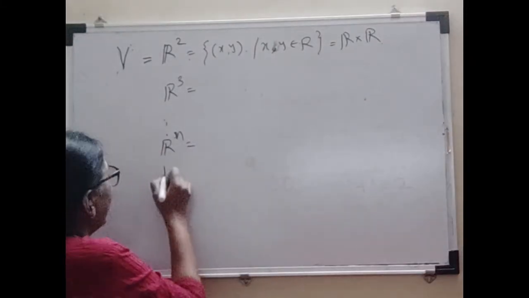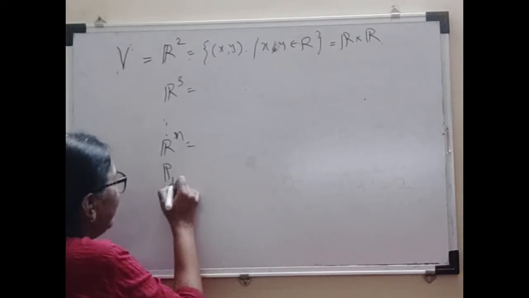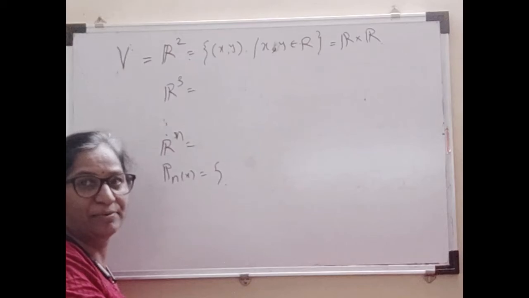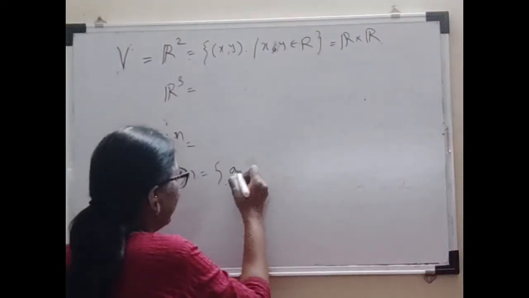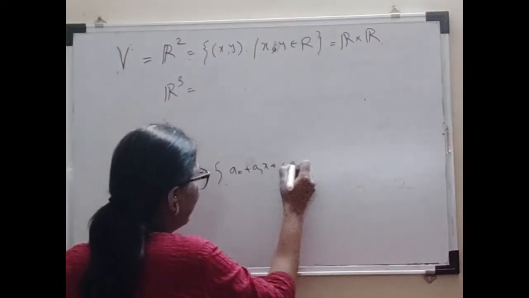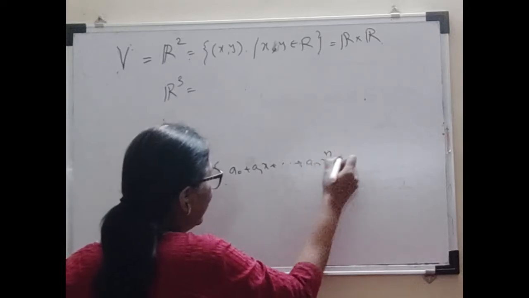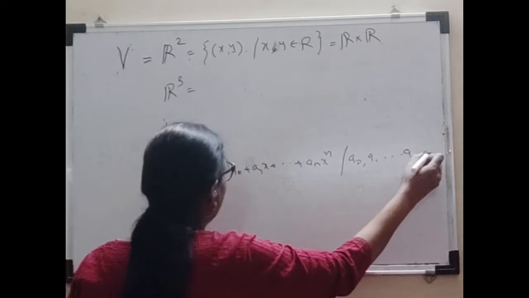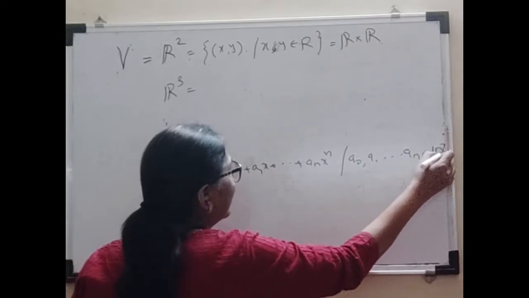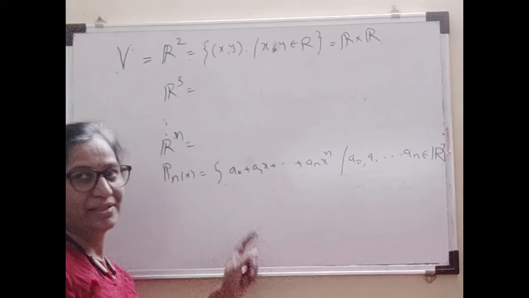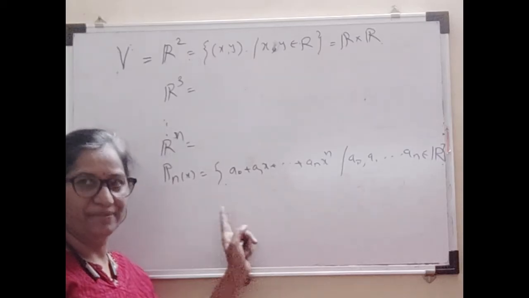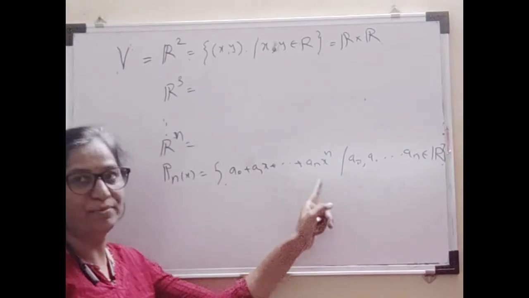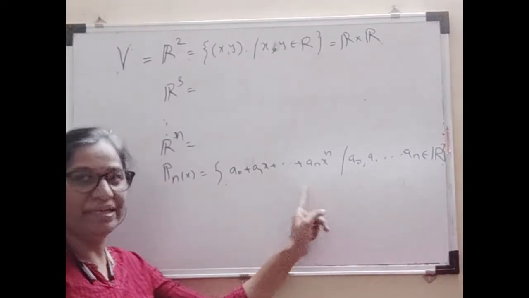Also we can define the polynomial set Pn of x. It is the set of all polynomials up to degree n, like a0 plus a1x plus so on plus an x raised to n, where a0, a1 up to an belong to say R. So it is also a set of vectors, whatever may be n.